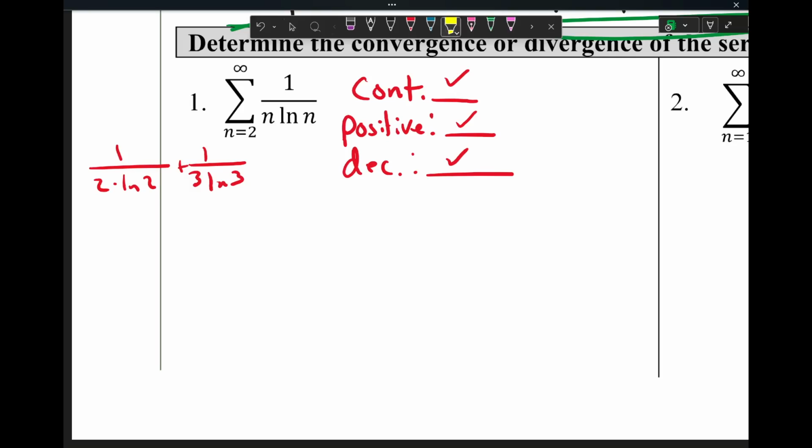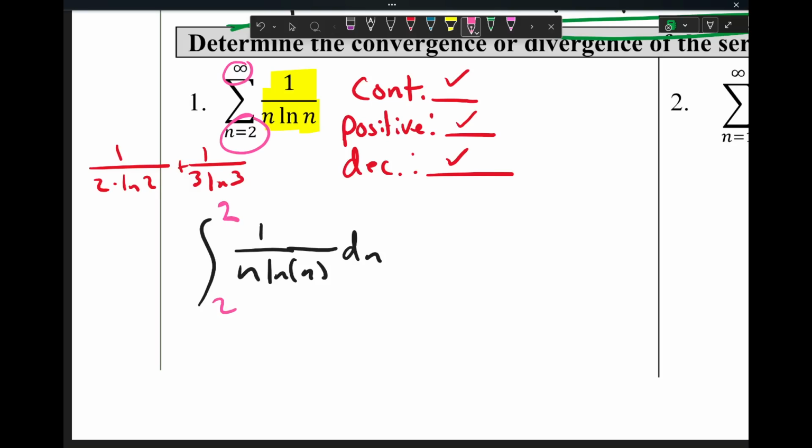So the integral test for convergence says, okay, we'll integrate this then. Integrate 1 over n natural log of n dn from 2 to infinity.